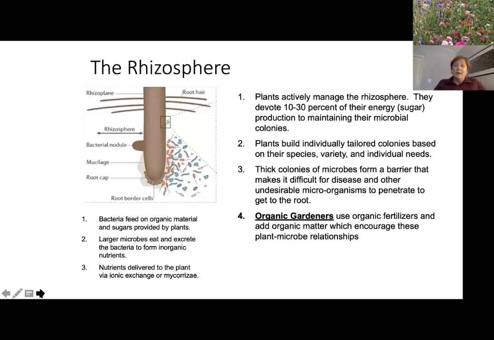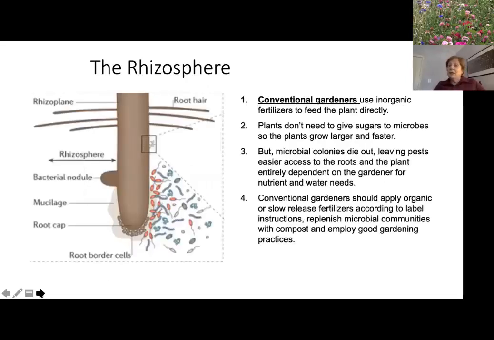You will find that folks who use organic fertilizers and add organic material are actually encouraging those plant microbe relationships. If you don't use organic material and tend to use more chemical fertilizers, you're directly feeding the plant, but you're not feeding the microbes. Hence, the microbes will die off.